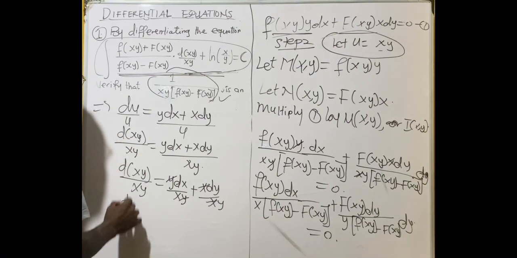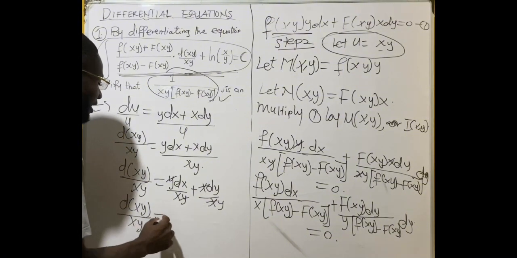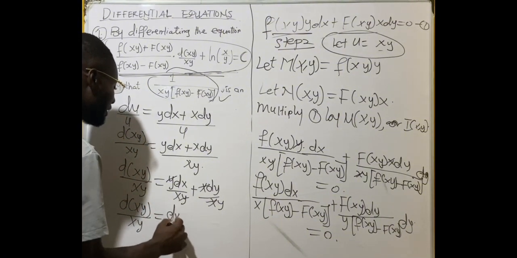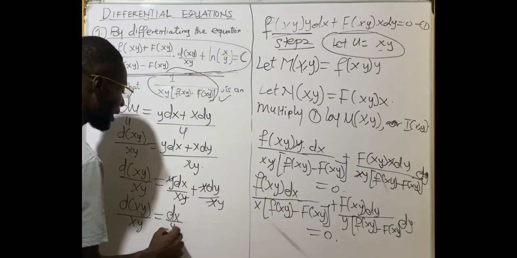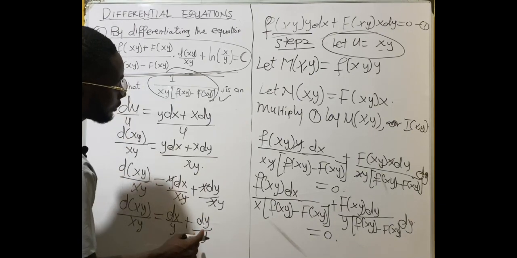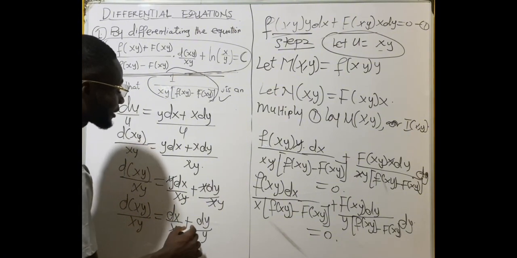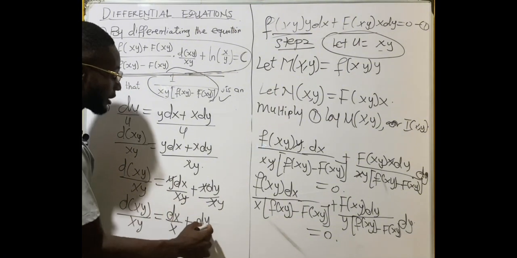So we're going to have d of xy over xy equal to dx over x plus dy over y.